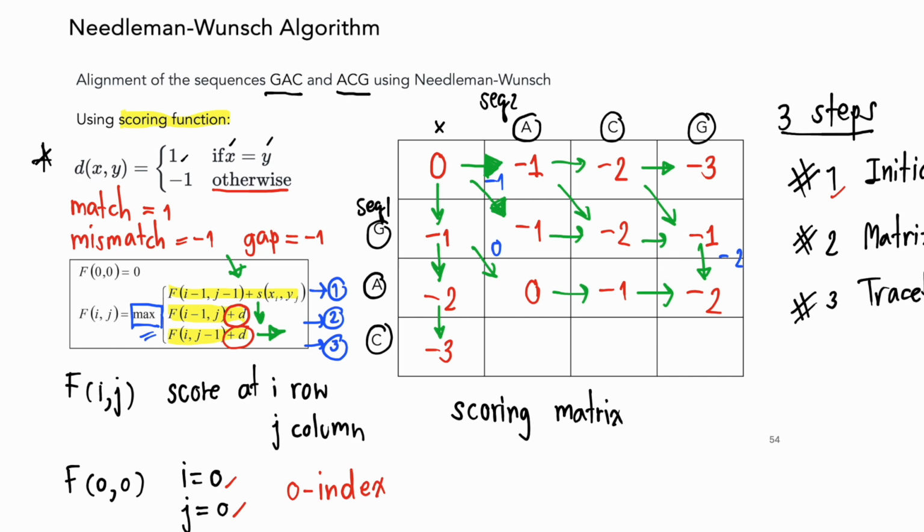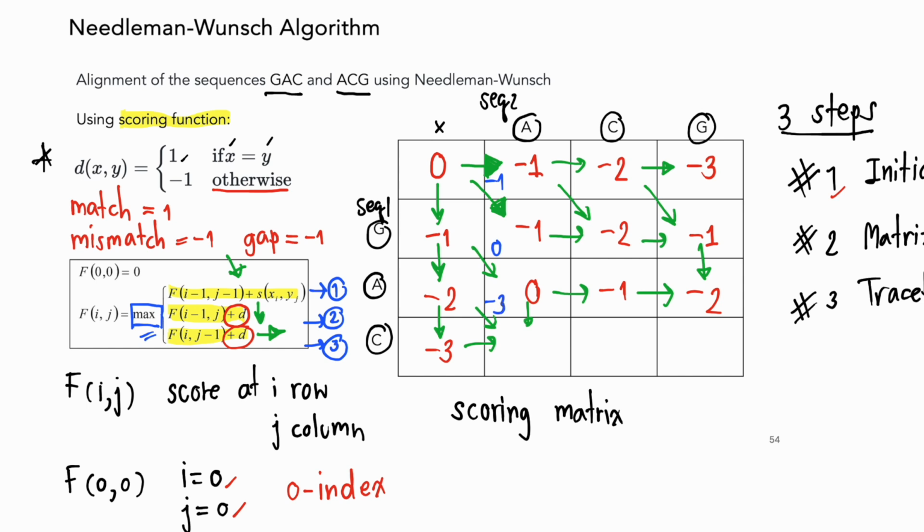From the left and from the top. Okay. And this one, from left, from diagonal, from the top. From the diagonal one, I have C and A. So C and A is mismatched. So -2, -1, -3.